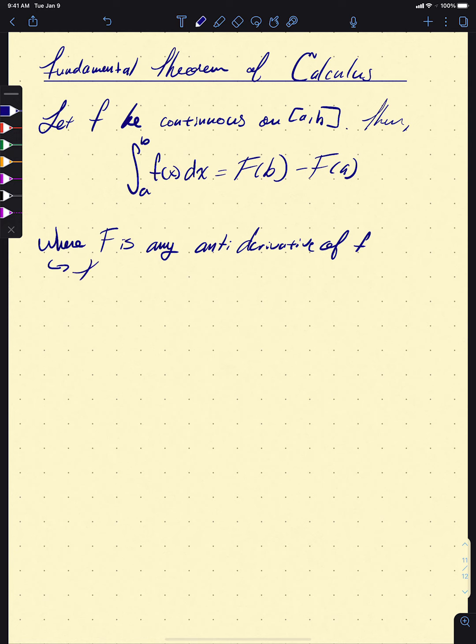So that is, capital F prime is lowercase f.